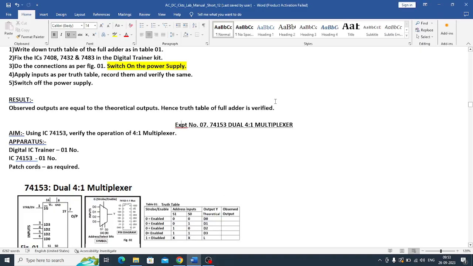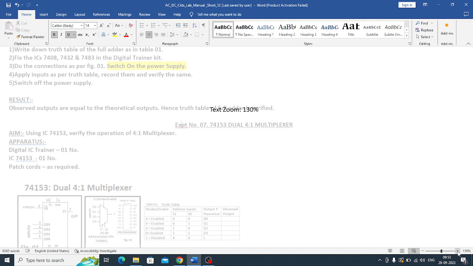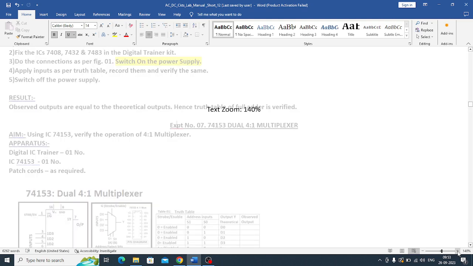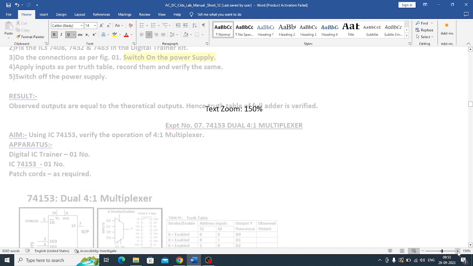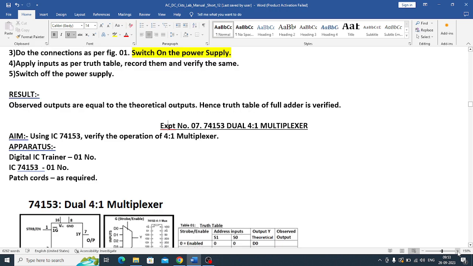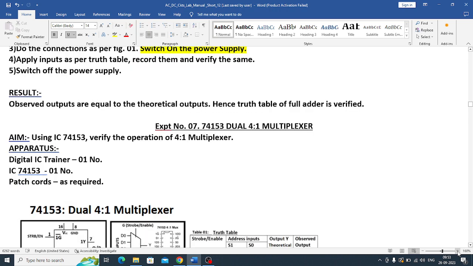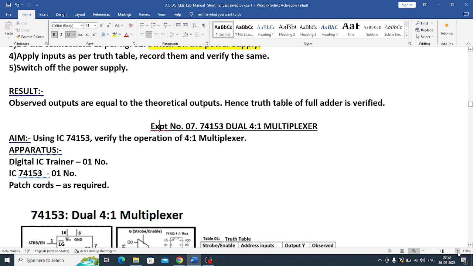Class 10. Multiplexer. Experiment number 7.